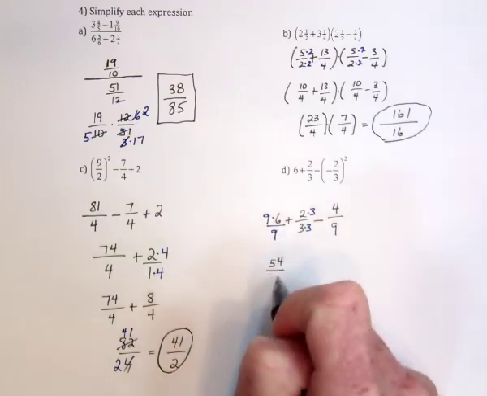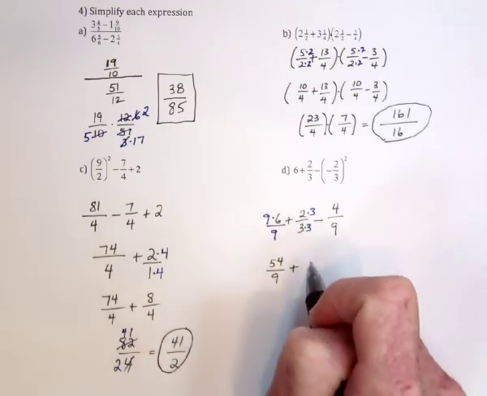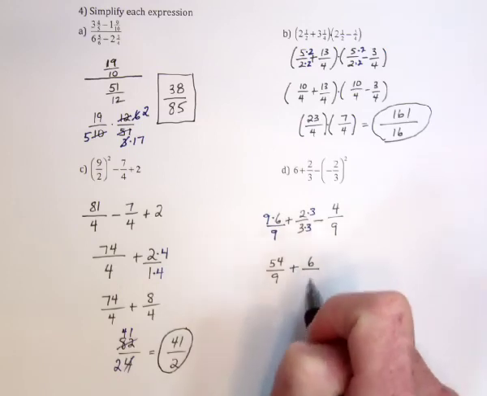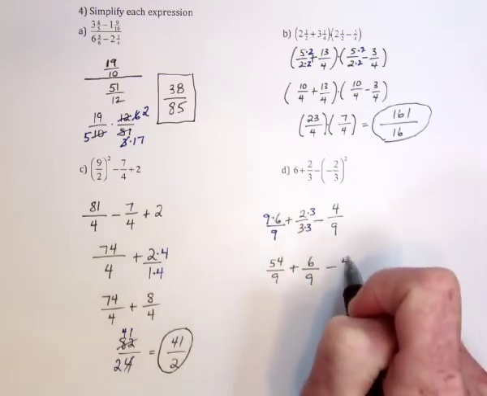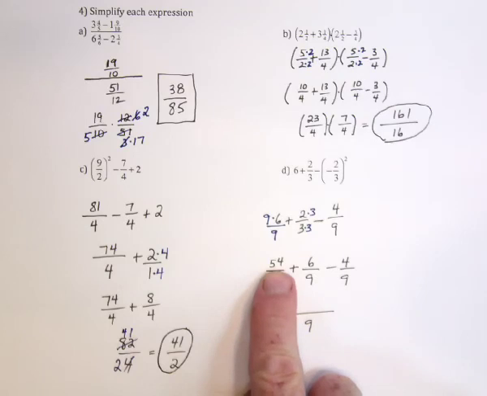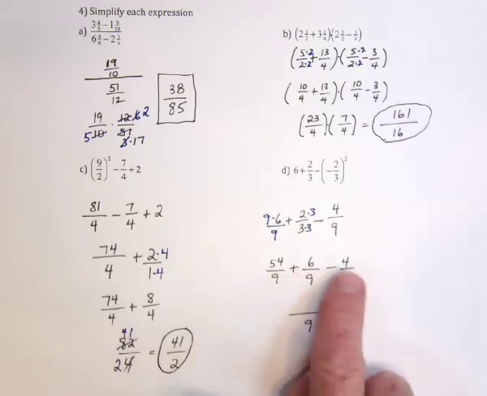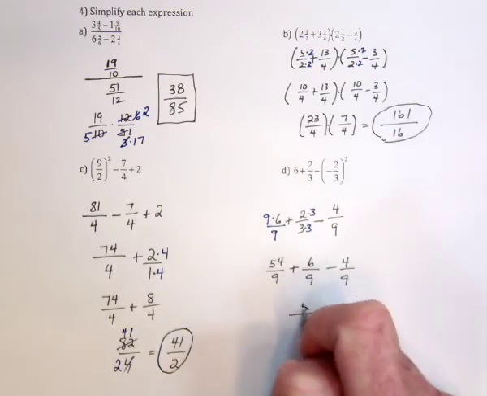So the first one is 54 ninths. The middle one, 2 times 3, is 6 ninths minus 4 ninths. So it's going to be ninths. Then let's see. A 54 plus a 6 is 60. And then 60 minus 4 is 56.